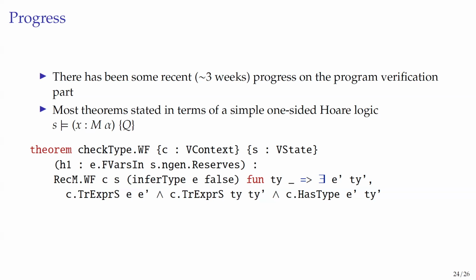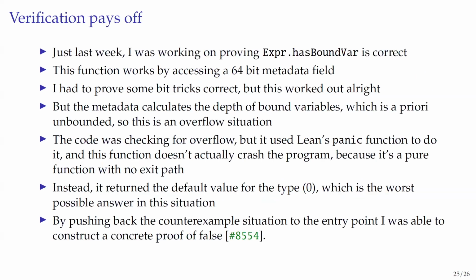And if this is successful, then the expression is well formed, and this e' here is the VExpr. So this is an Expr and this is a VExpr. This is the abstracted version of it, so that it has a nice abstraction. The type also is well formed, and then the expression has that type.